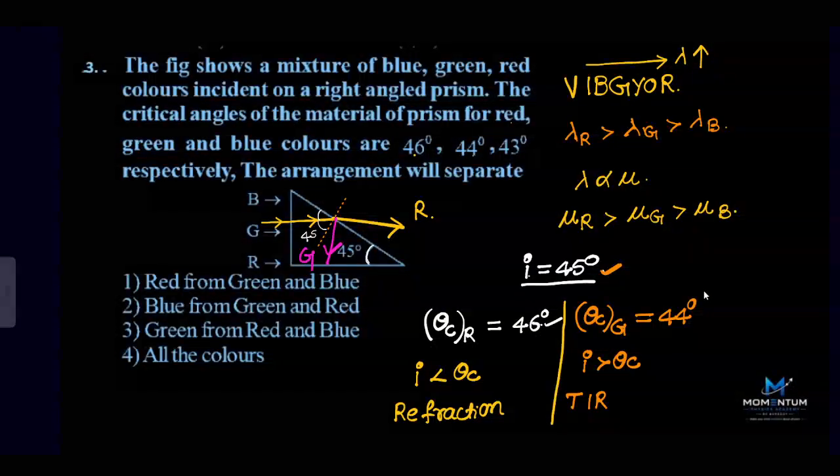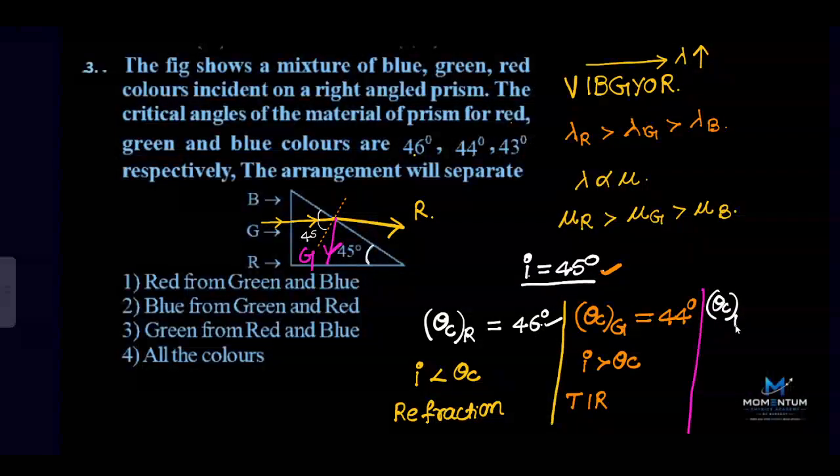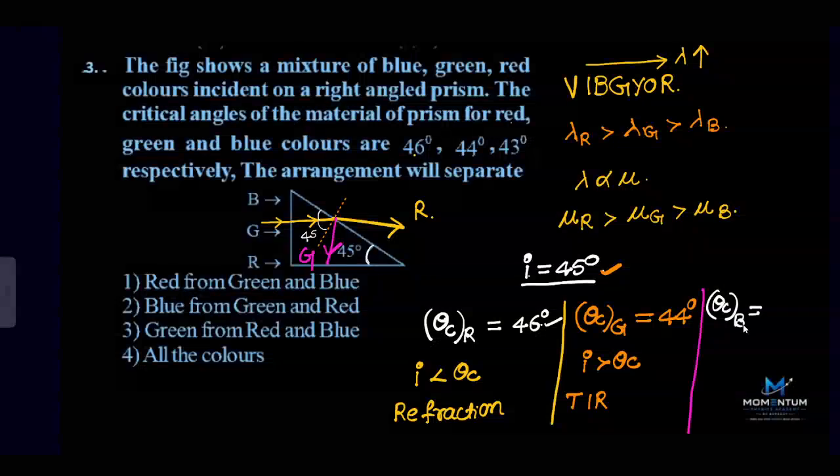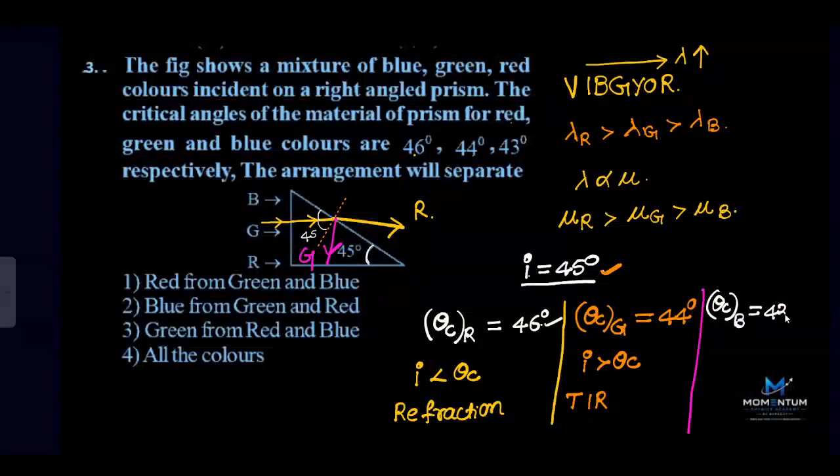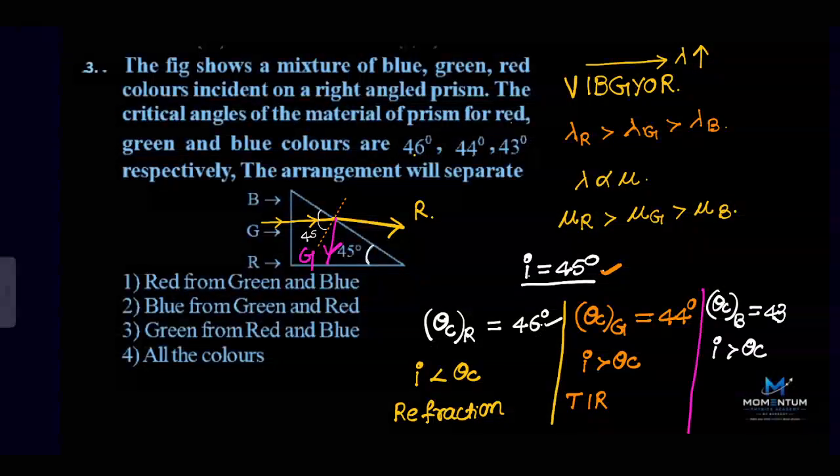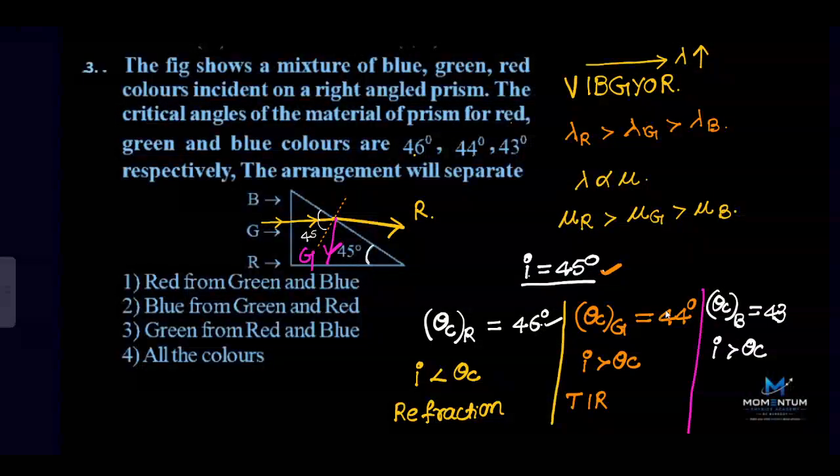Next one, blue color. What is the critical angle of blue? It is 43 degrees. The angle of incidence is greater than the critical angle, so TIR takes place.